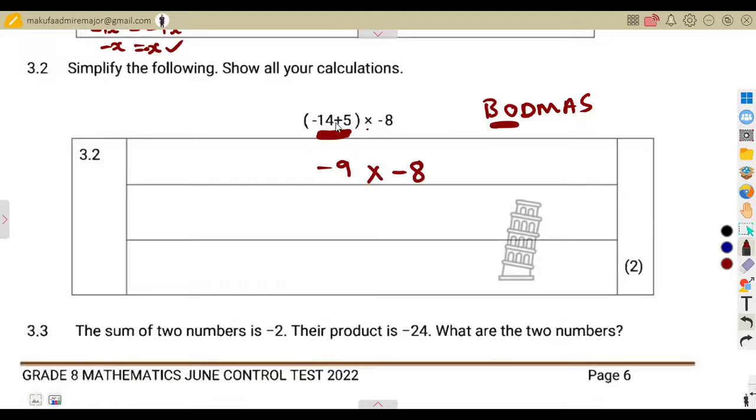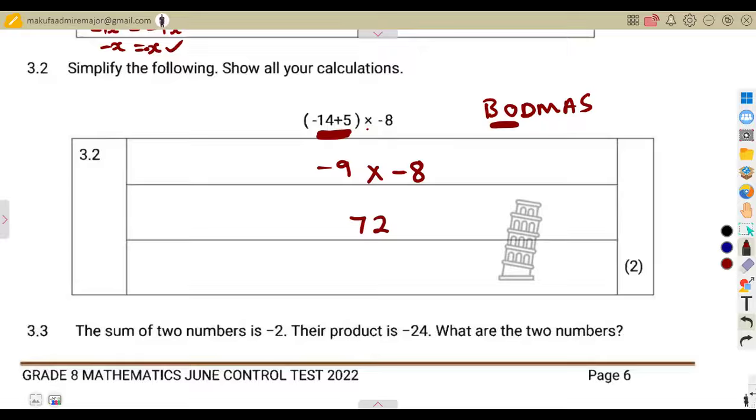You are done with the addition inside of the bracket. That is why you have to remove the brackets first. Then you multiply. -9 times -8: a minus times a minus is a positive. 9 times 8 is 72. But you've forgotten this: a minus and a minus gives you a positive.